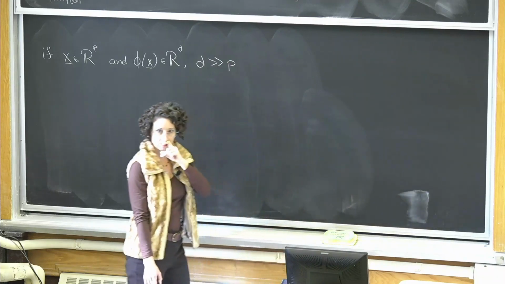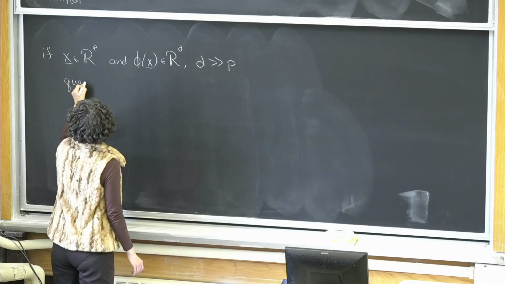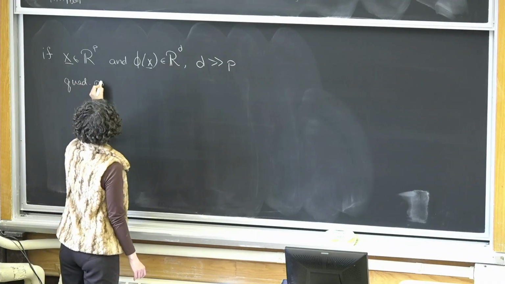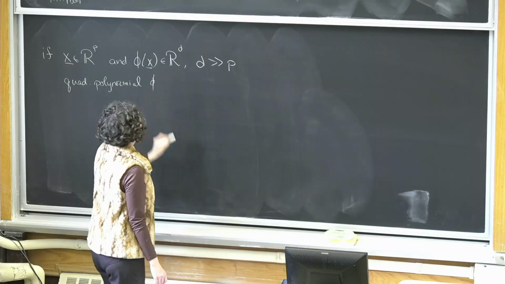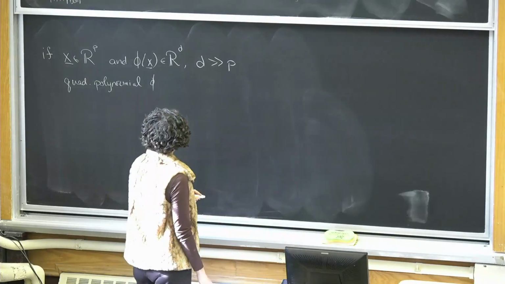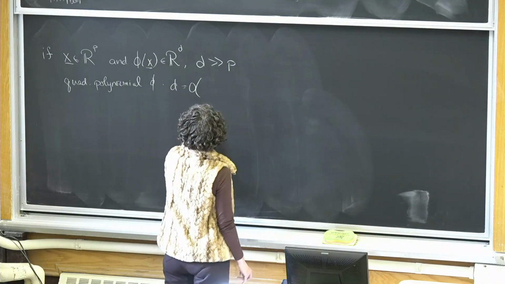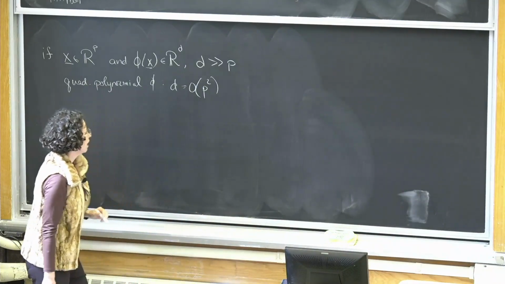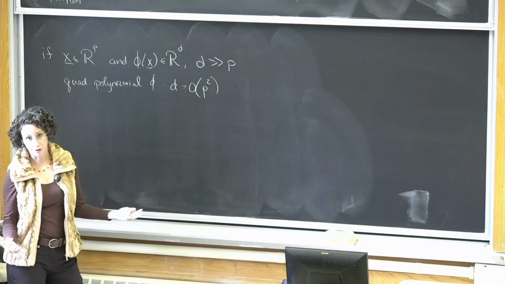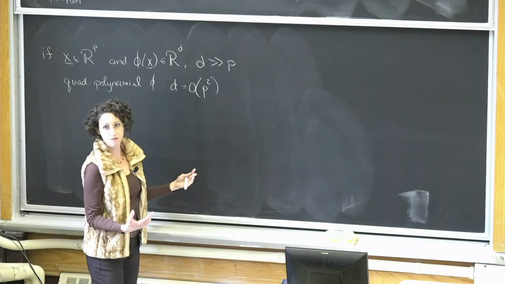bigger than p. So for instance, if we had quadratic polynomials, the way I described on the previous board, then D is on the order of p squared. And if we were to have fifth degree polynomials, then D is on the order of p to the fifth.